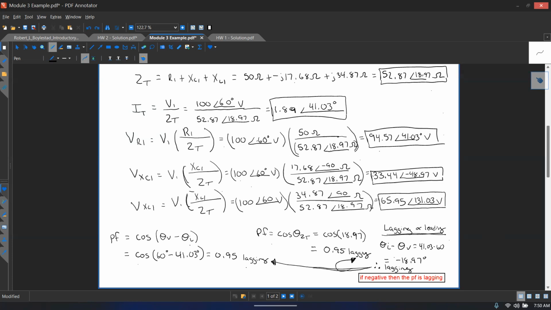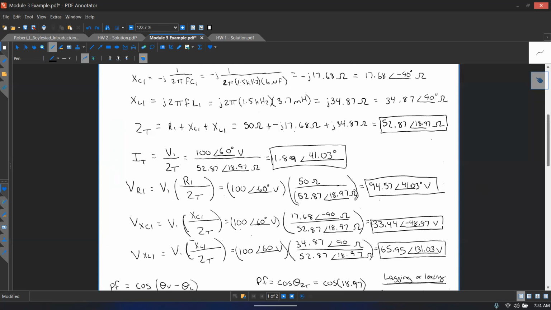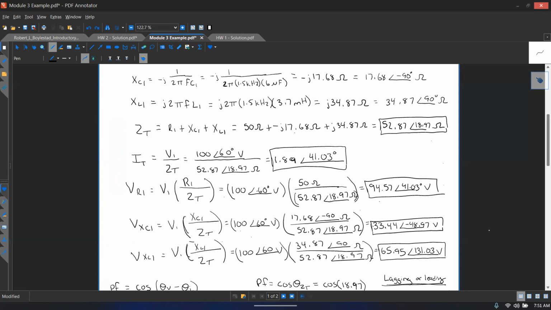But I wanted to show you this other method, which is that the power factor is also equal to the cosine of the phase angle of your total impedance. You'll notice something very similar to what we just calculated.